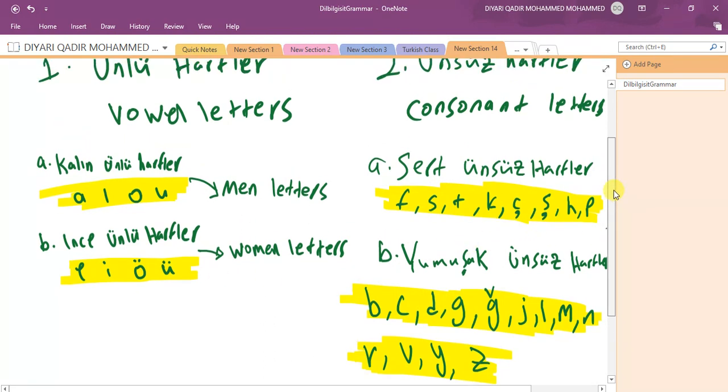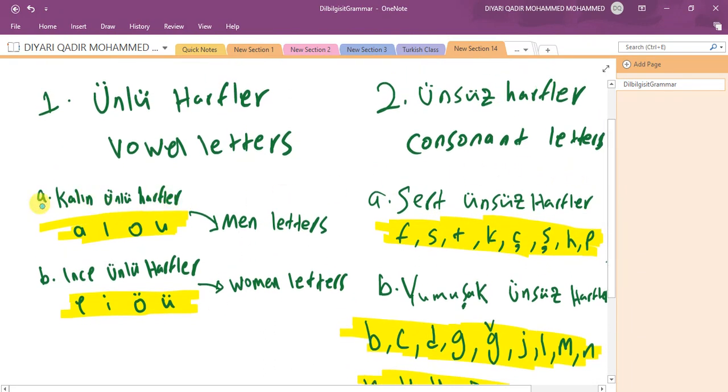So okay, now let's talk about it. Here we have vowels. When I say main letters, you should understand the first category of vowel letters, kalın ünlü harfler: a, ı, o, u. What does vowel mean?